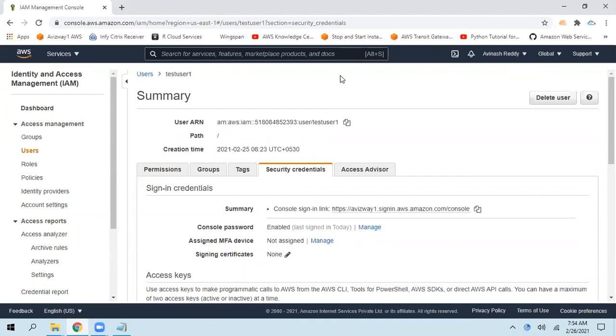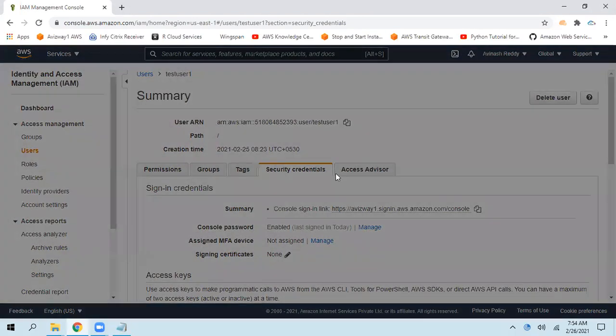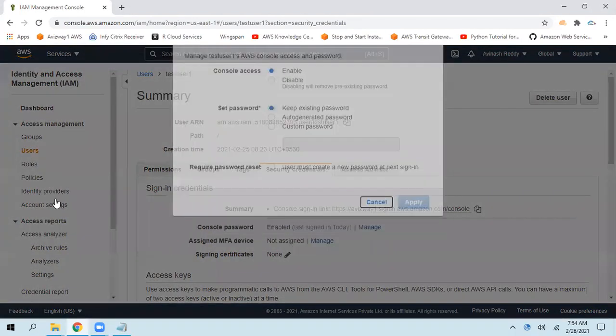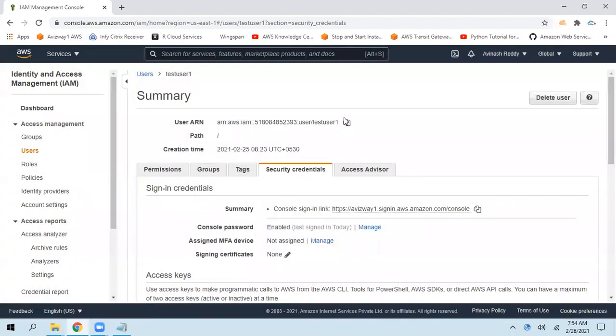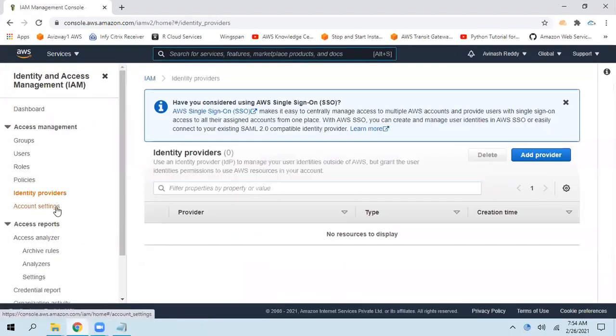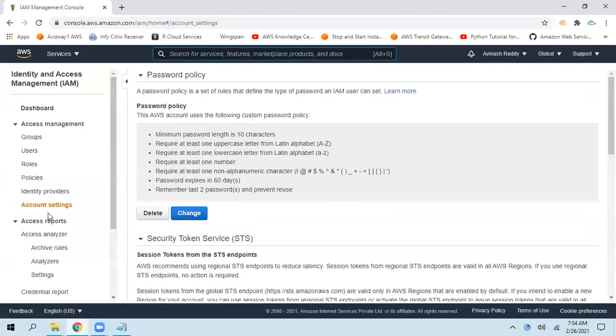How can I add special characters other than those specified in the password policy? Do we have any other special character than this?